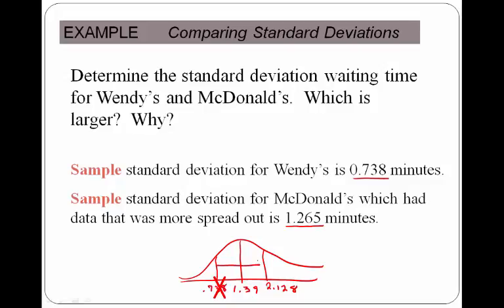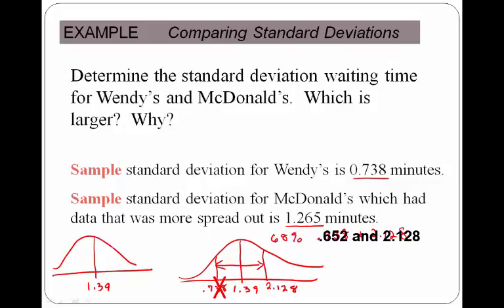So what that tells us is that if you go to Wendy's, 68% of the people that walk into Wendy's during lunch hour are going to expect to wait between 0.652 and 2.128 minutes. If we look at the same thing from McDonald's, the mean is still 1.39.